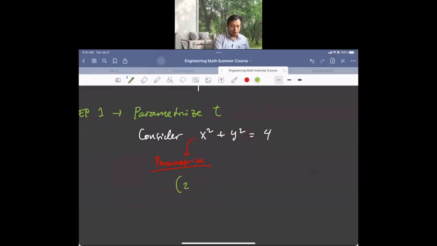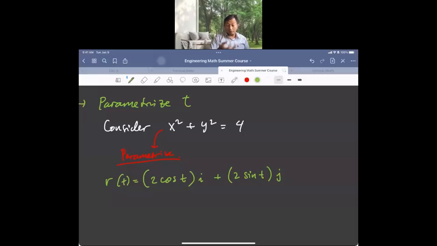To make this happen, x should be equal to 2 cos t, and y should be 2 sin t. So this is our position vector. If we substitute here, it's true that it's 4, right? So let's make this our parameterization, and t will be evaluated from 0 to 2 pi.